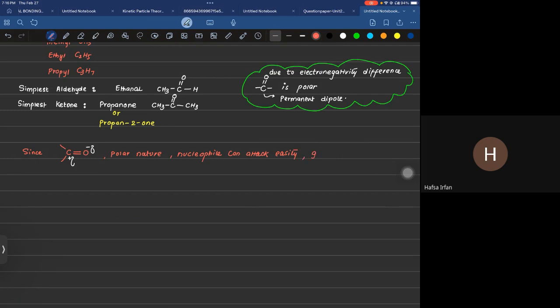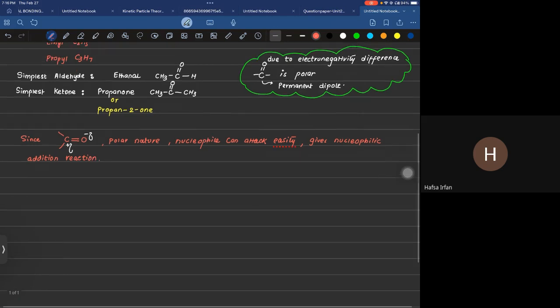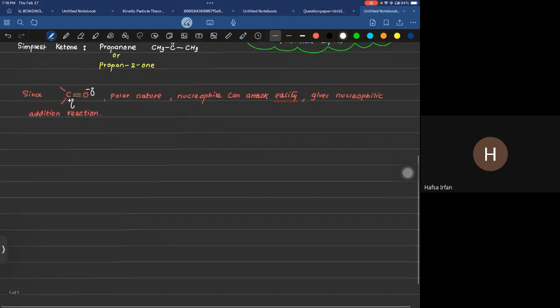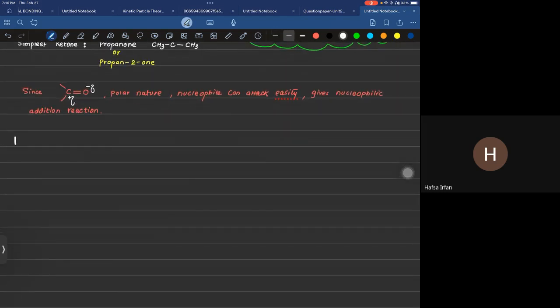It generally gives nucleophilic addition reaction. So let's talk about the physical properties of aldehyde and ketone.